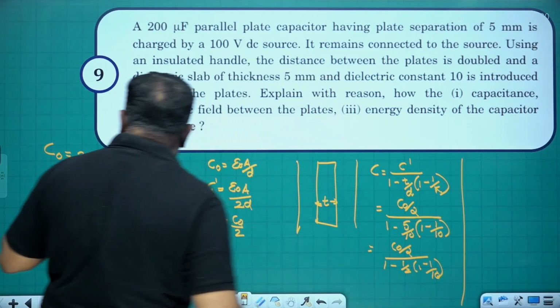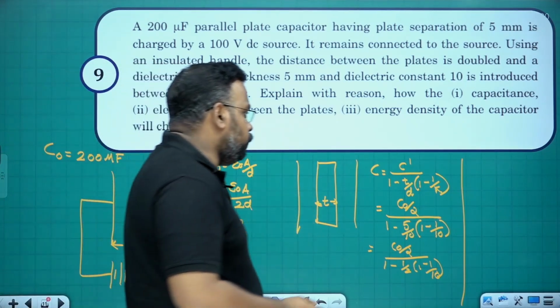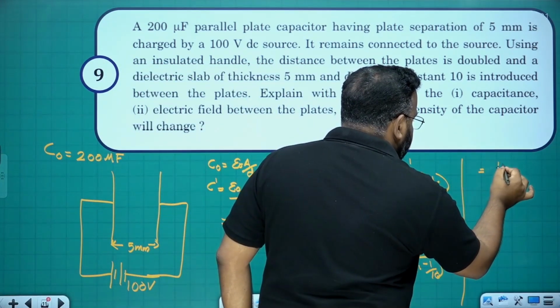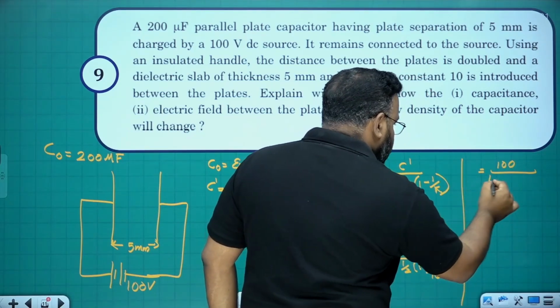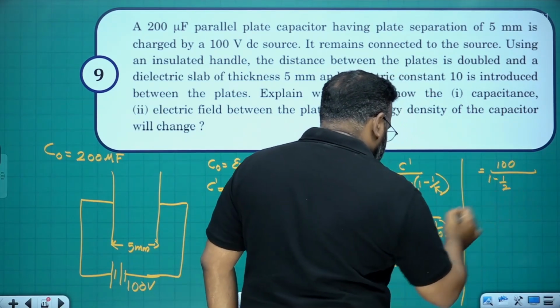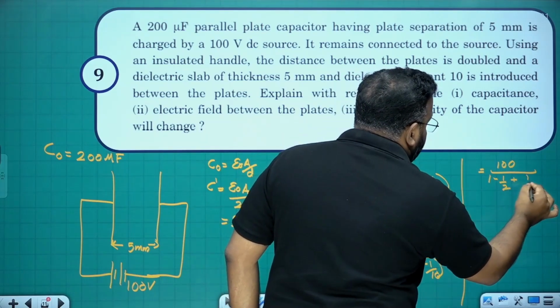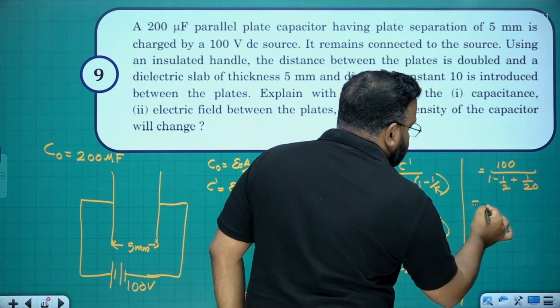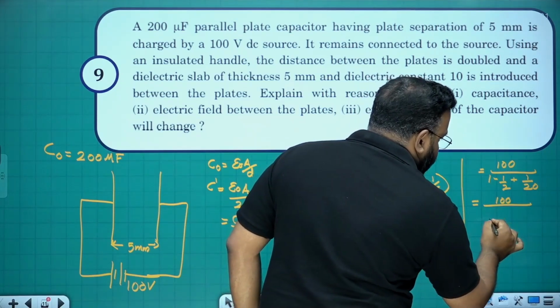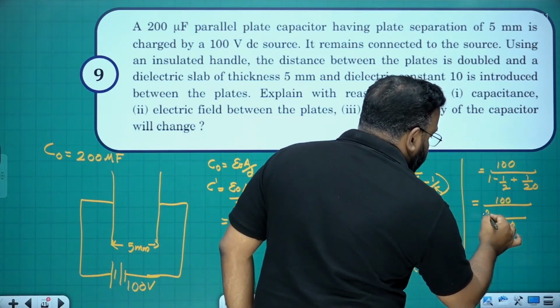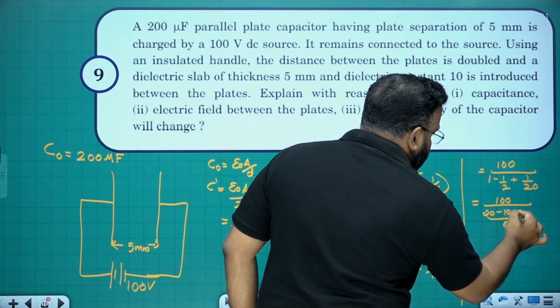C naught value we already know is 200, so C naught by 2 will be 100. So the numerator will be 100 microfarad divided by 1 minus, we can take 1 by 2 inside, we get 1 minus 1 by 2 plus 1 by 20. So this is equal to 100 divided by, taking 20 as LCM, 20 minus 10 plus 1.